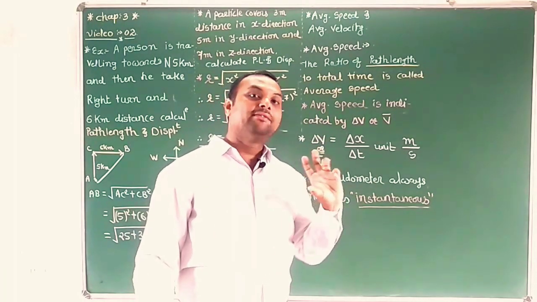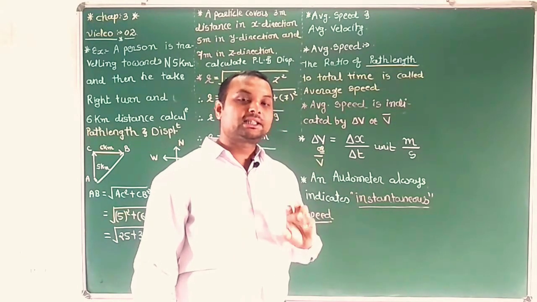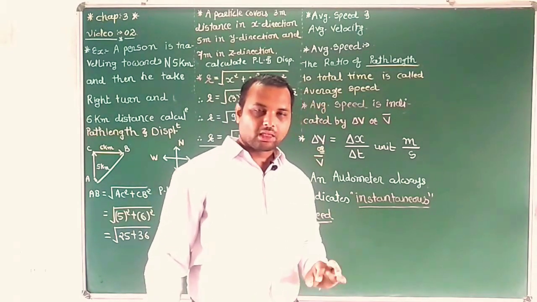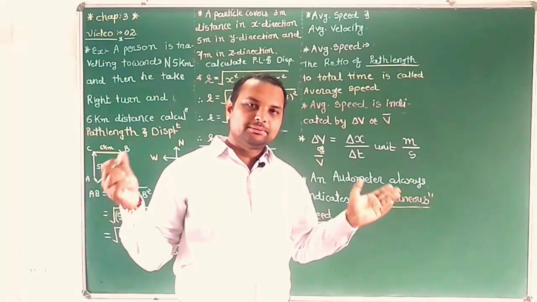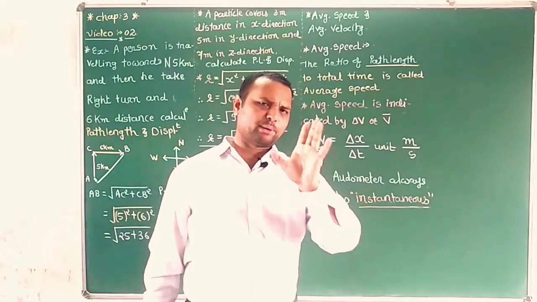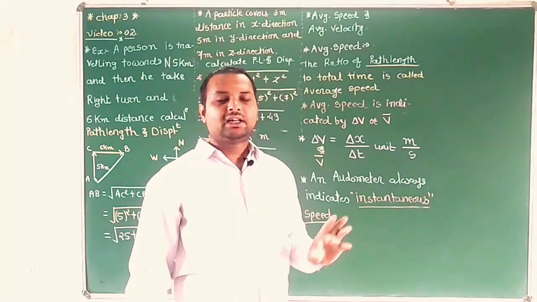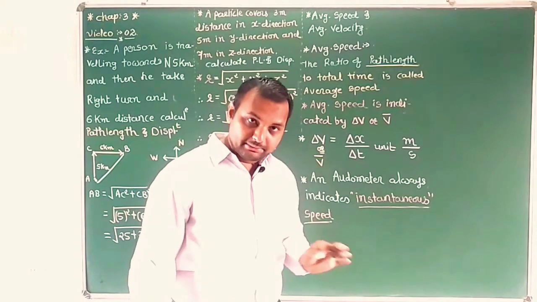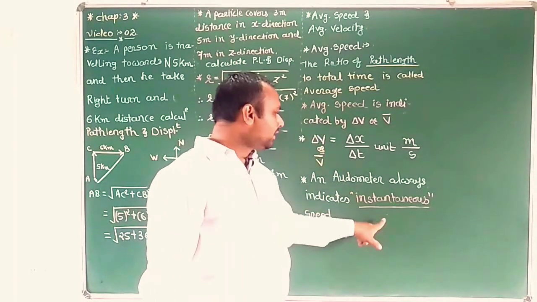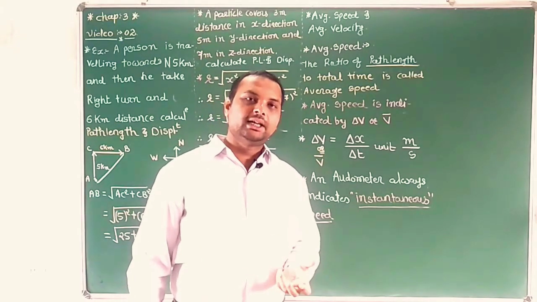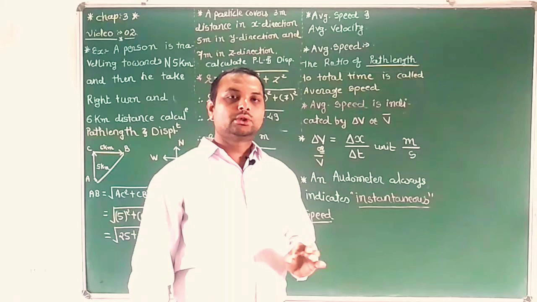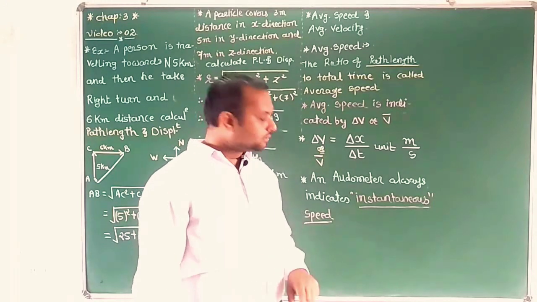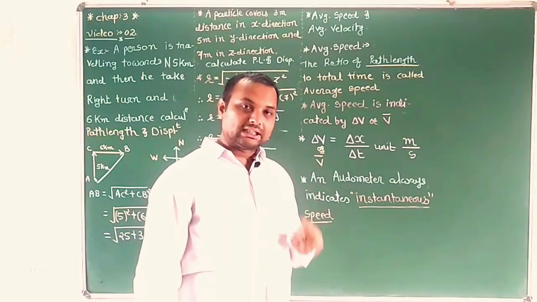Now we have to find the difference between average and instantaneous. Average means the average over the total period of time, and instantaneous means on the spot, right now, with no big interval. But to move technically, mathematically and conceptually from average to instantaneous, we have to learn the derivative. In the next lecture we will cover the concept of the derivative, but before that we have to cover both characteristics of path length as well as displacement.